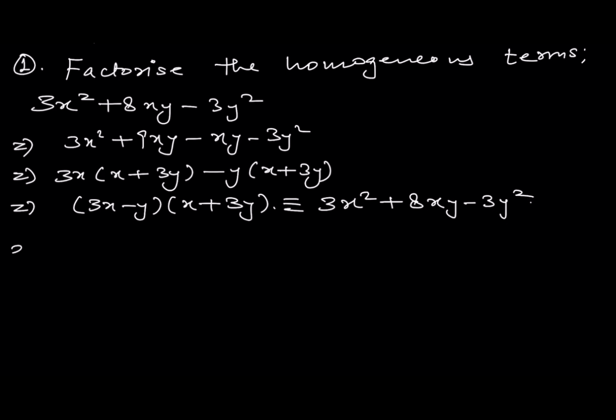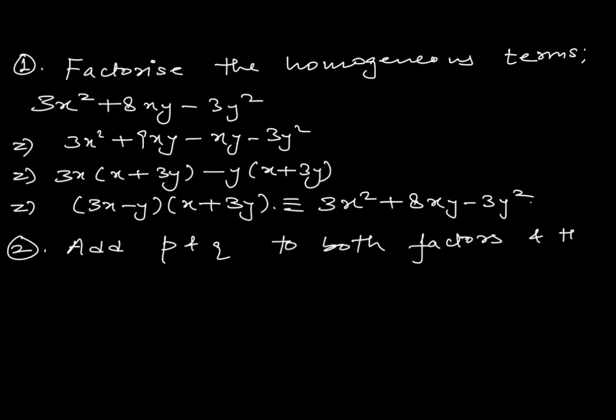Now step 2, add p and q, or whatever scalars you want to add, you can add. At this point I am taking p and q, so add p and q to both factors and then multiply.